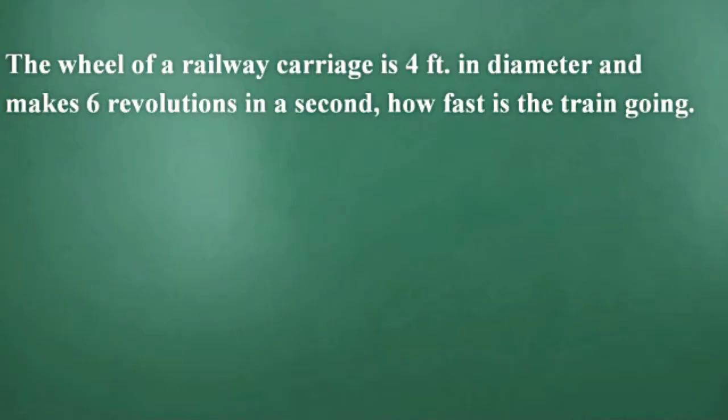The wheel of a railway carriage is 4 feet in diameter and makes 6 revolutions per second. How fast is the train going?